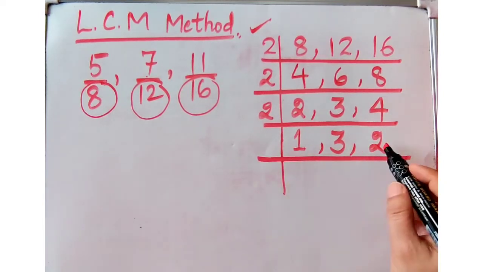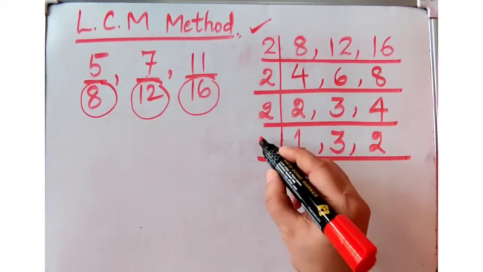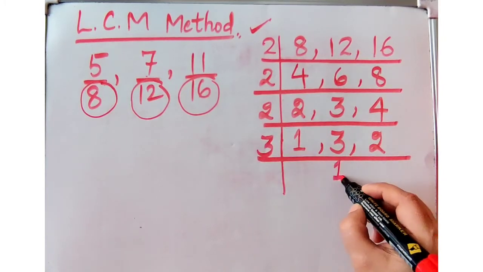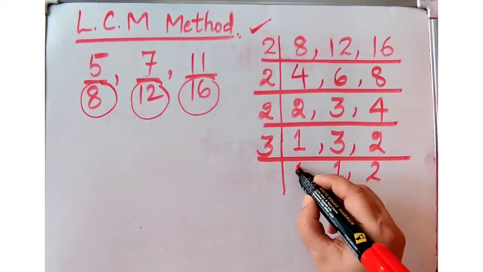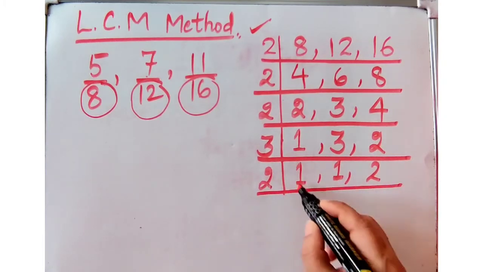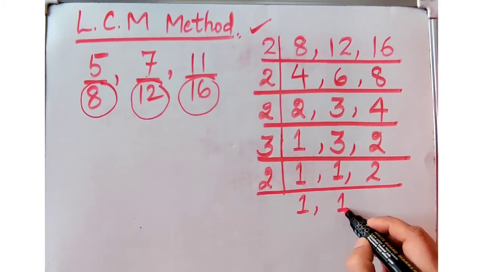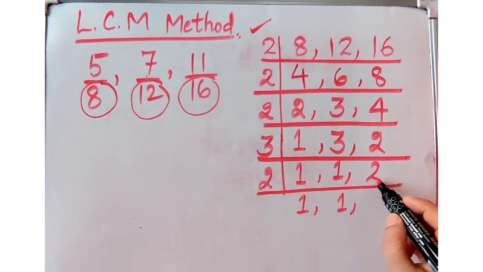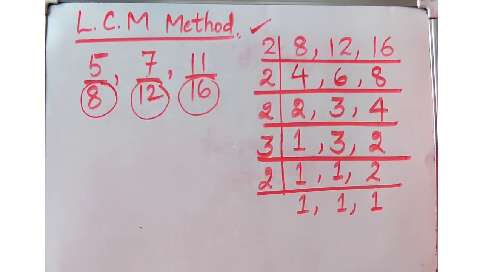So here you are left with the co-prime numbers now. You can do it with 3. 3 1s are 3. 2 will drop down, 1 will drop down. Again we can do it by 2. 1 and 1 both will drop down and 2 1s are 2. So you are left with only ones in the last row.